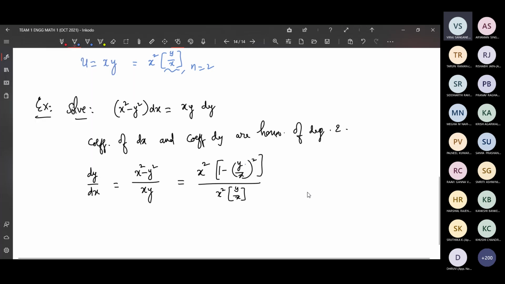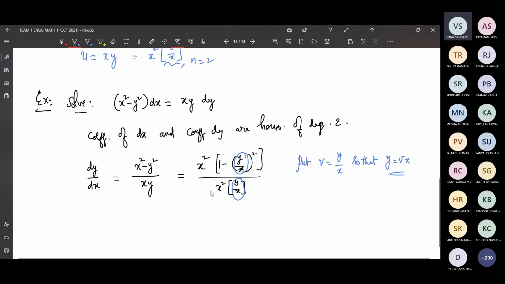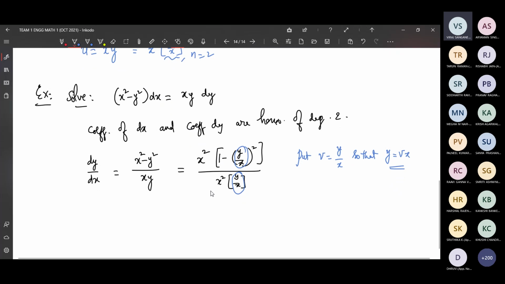So put v as y by x, so that y is nothing but vx. In that case you are getting the homogeneity here, because both coefficients are homogeneous of degree 2. So the first one is x square into a function of y by x, and the second one is x square into a function of y by x.